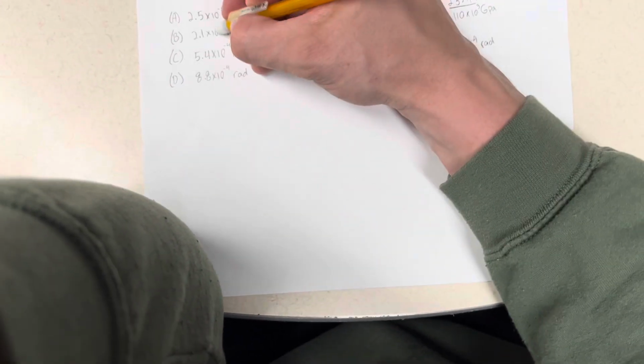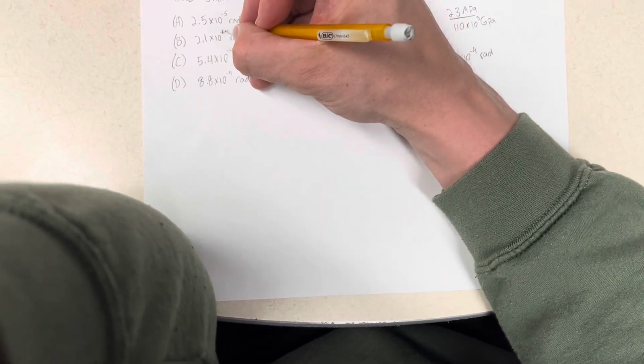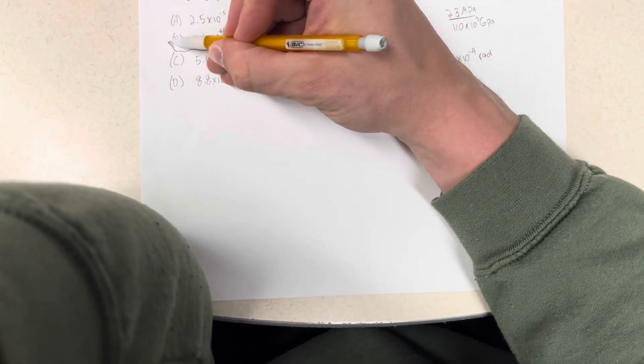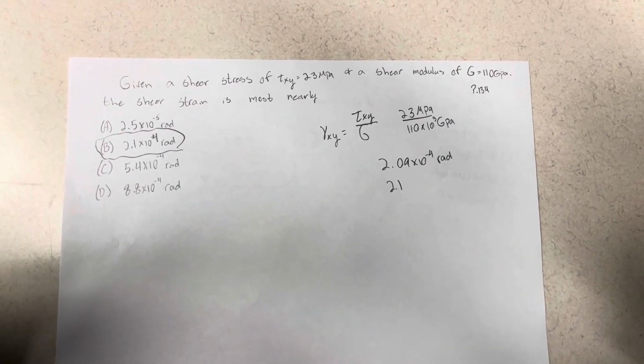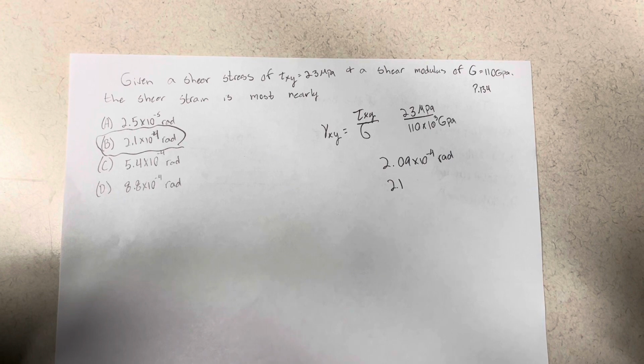It looks like I wrote down one of the answers wrong. It should be 2.1 times 10 to the negative fourth, but pretty simple problem, just some plug and chug, and we get 2.1 times 10 to the negative fourth radians.